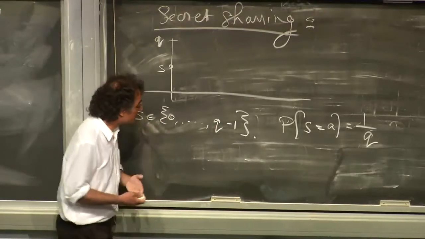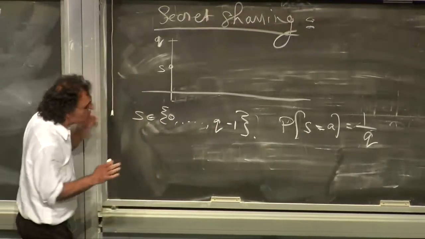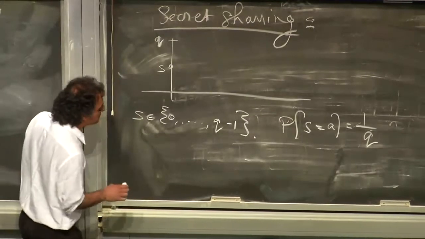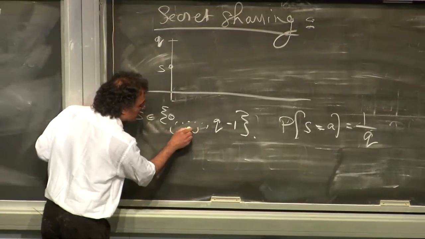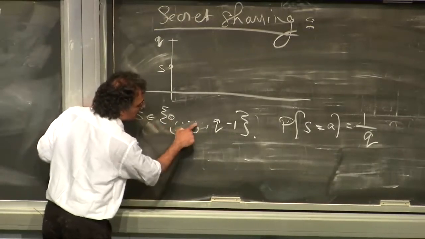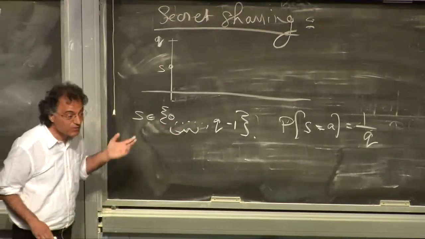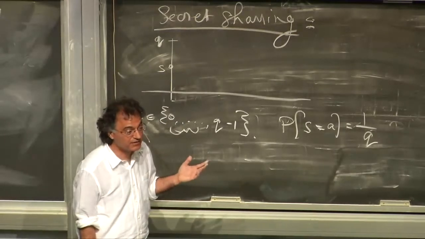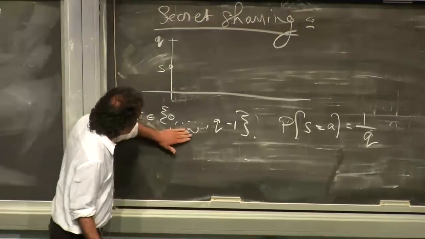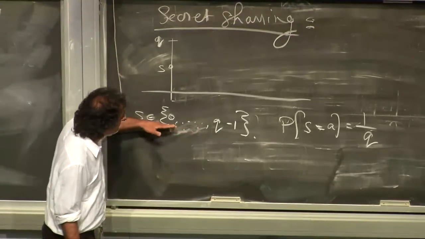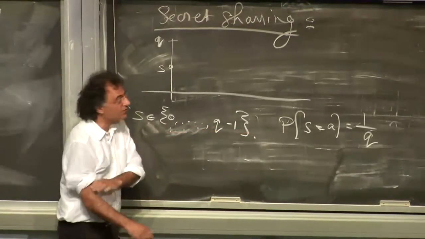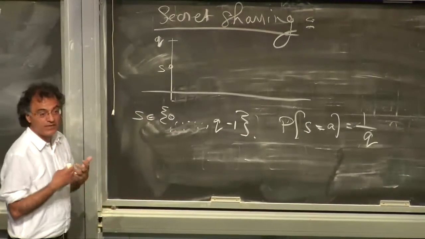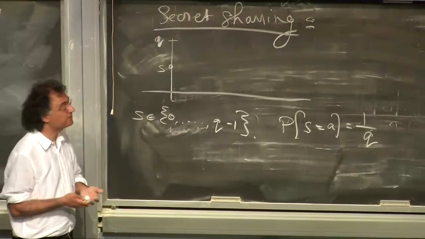Suppose I didn't know the secret precisely, but I knew that with probability 90%, it's between 0 and Q over 2. Well, that's a lot of information to have about the secret. So saying that I have absolutely no information about the secret means saying that it's completely uniformly distributed. All right, so now what do we do in a secret sharing scheme?